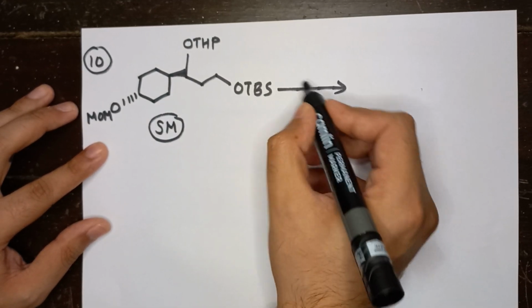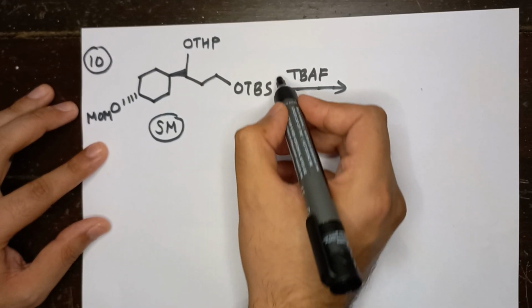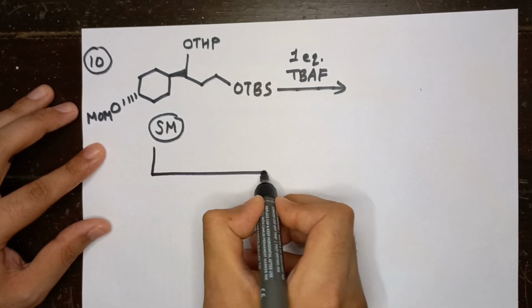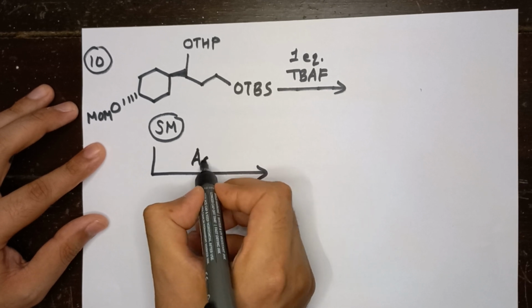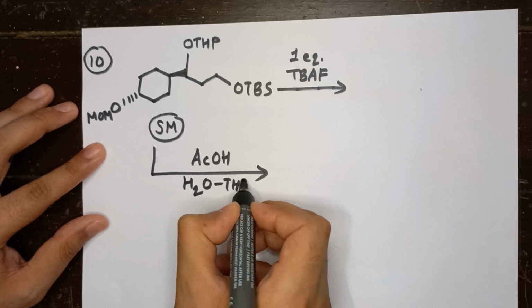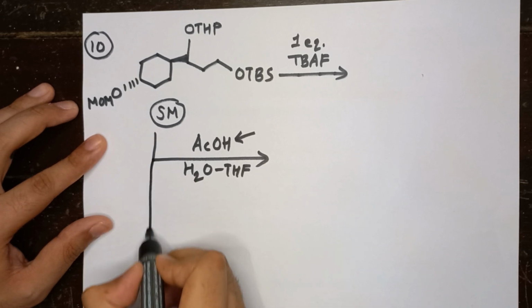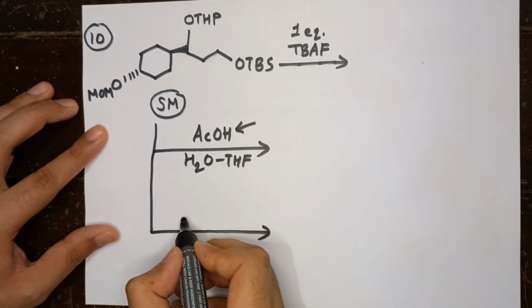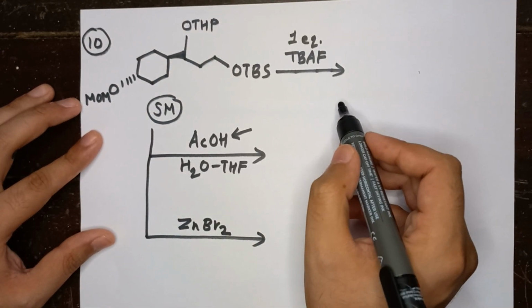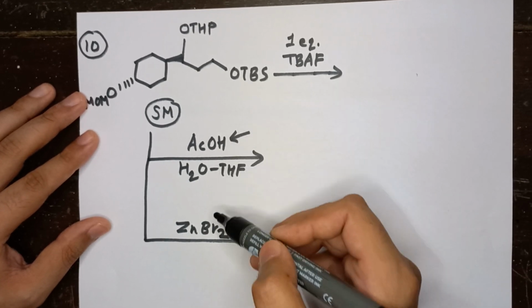I'm reacting this with TBAF, just one equivalent of TBAF. Then I'm reacting this with acetic acid and water THF mixture. Well, the water THF mixture is just a solvent. You need to focus on this acetic acid. And third we have zinc bromide as one of the reagents. So pause the video and try to find out the products of all these three reactions.